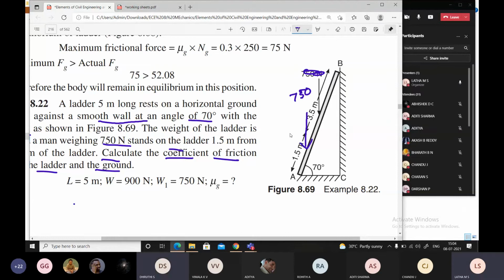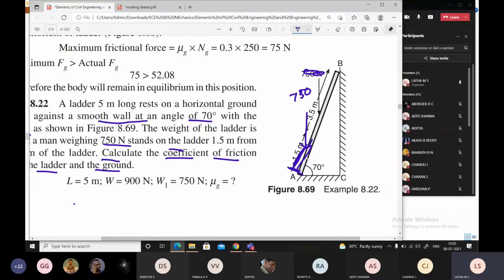Middle, ma'am. Yes, the center. 900 Newton will act at the center. And on the same ladder, there's one person. Just think of yourself climbing the ladder, and you reach 1.5 meter from the ground level.